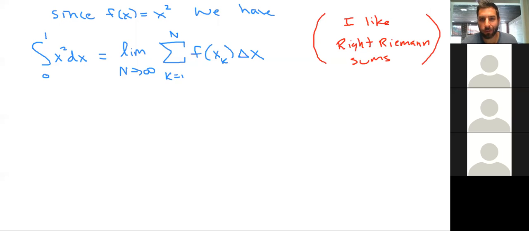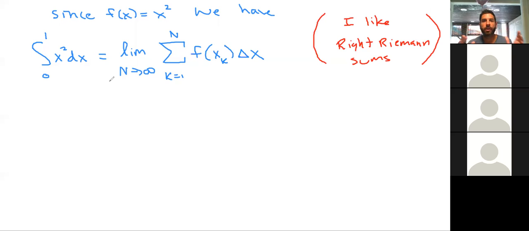I don't care what you like. Pick whatever you like, as long as it's a legal one, that is, it's an actual Riemann sum. Okay, so what am I going to do? Well, I could do this in two different ways. I'm going to do it in compact form first, and then I'm going to write it out without this summation notation.